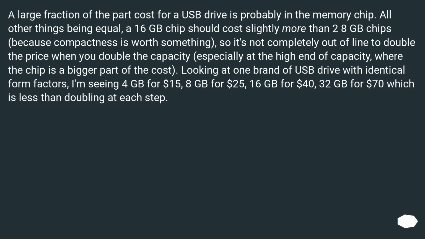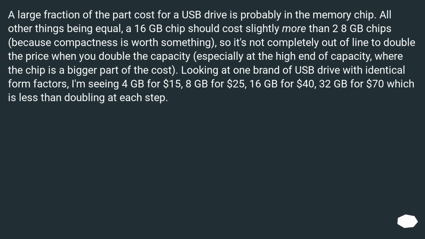A large fraction of the part cost for a USB drive is probably in the memory chip. All other things being equal, a 16 GB chip should cost slightly more than two 8 GB chips, because compactness is worth something, so it's not completely out of line to double the price when you double the capacity, especially at the high end of capacity, where the chip is a bigger part of the cost.